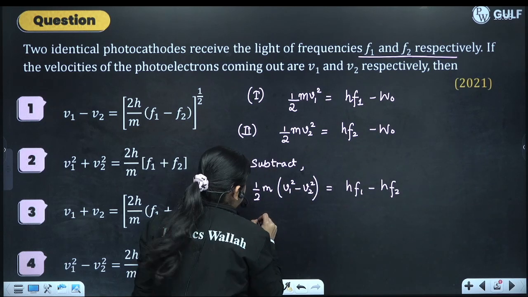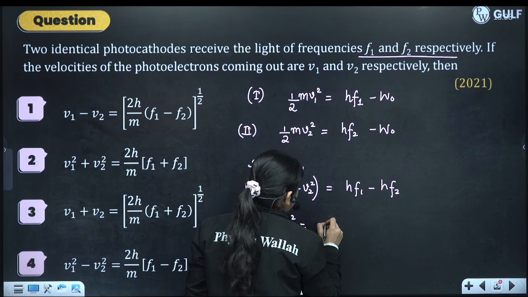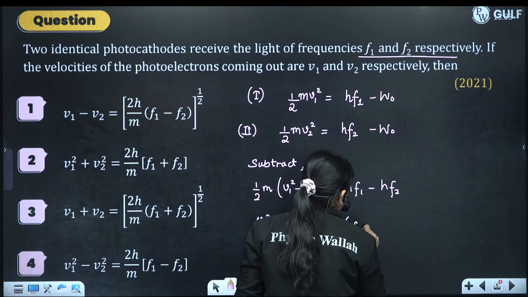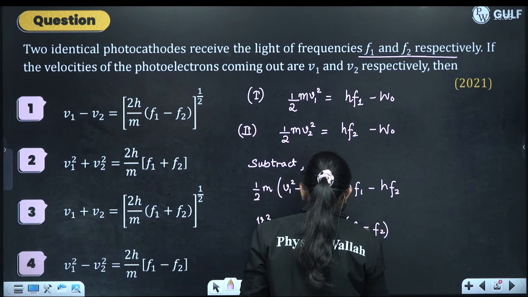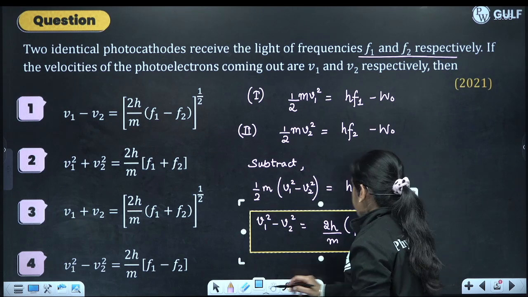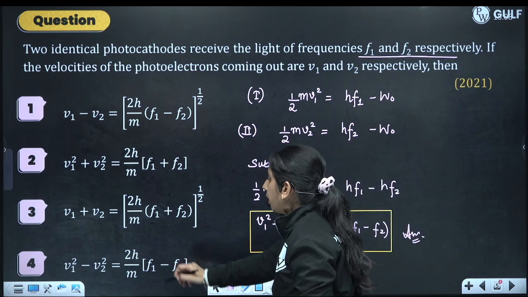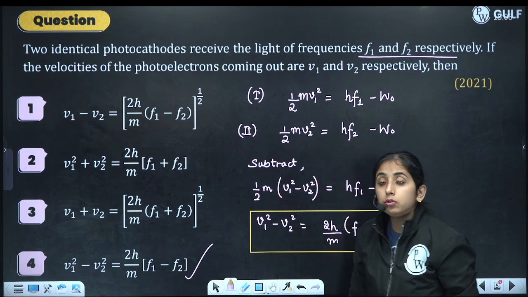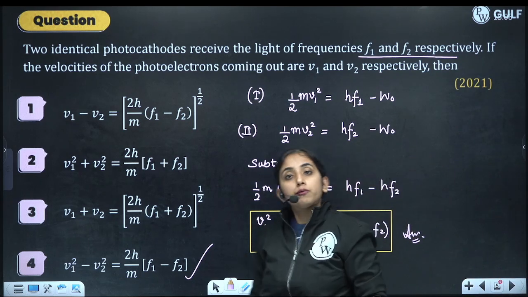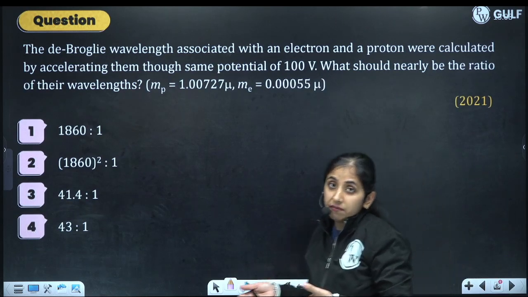So from here we will get v1 square minus v2 square is equal to 2h by m into f1 minus f2. This will be the answer. v1 square minus v2 square will be equal to 2h by m f1 minus f2. Option number 4 will be the answer. Okay, so you are seeing these are very basic questions.